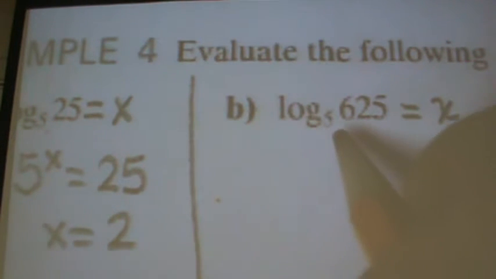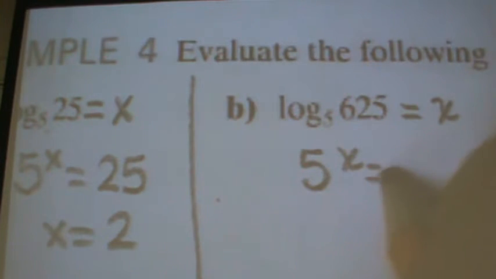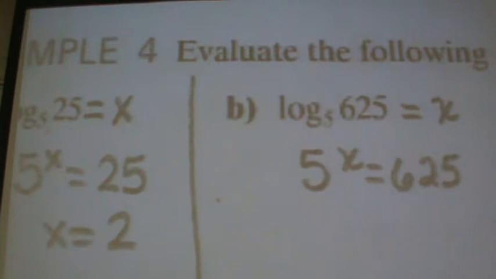How do you rewrite this? 5 to the x equals 625. 5 to what power is 625? 5 raised to the 4th power. Well, we have to imagine we don't have a calculator.